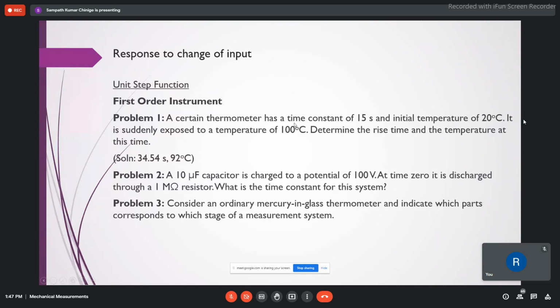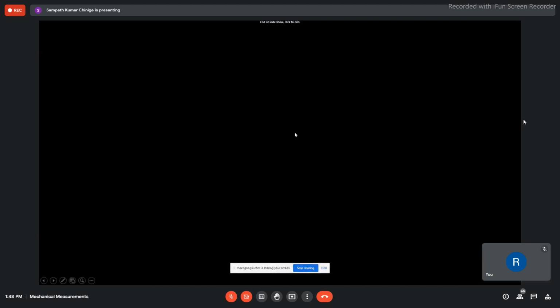A certain thermometer has a time constant. He has given the time constant, that means tau is given, which is 15 seconds, and the initial temperature is 20 degrees centigrade. So initially at a temperature of 20 degrees centigrade, it is suddenly exposed to a temperature of 100 degrees centigrade. So at time t greater than 0, it is exposed to 100 degrees centigrade.